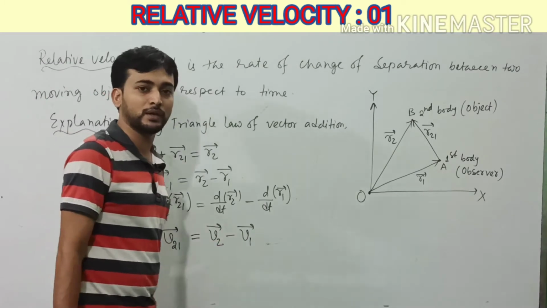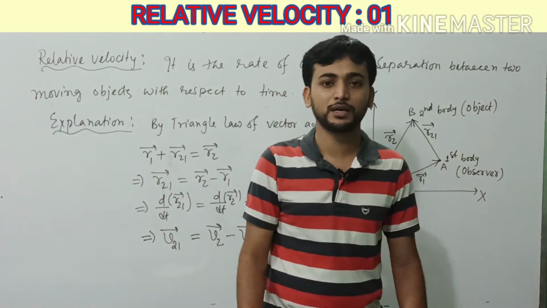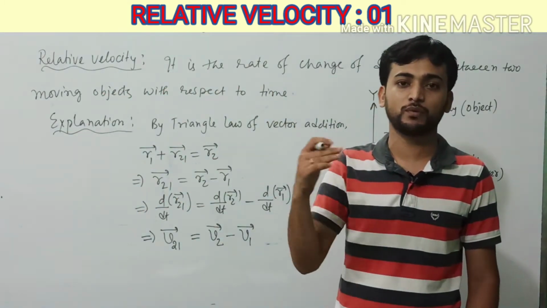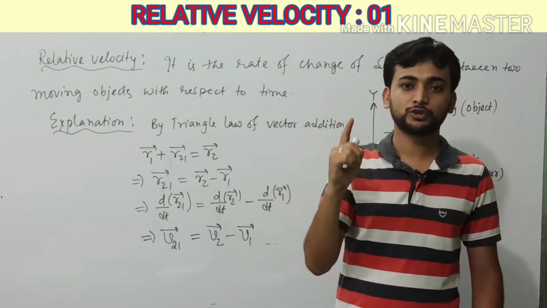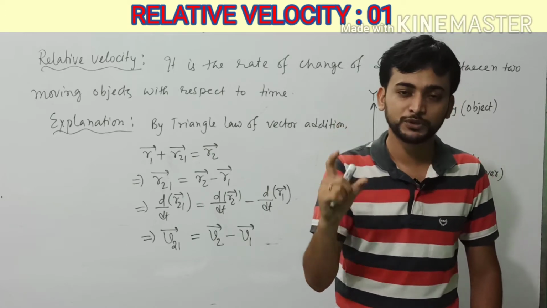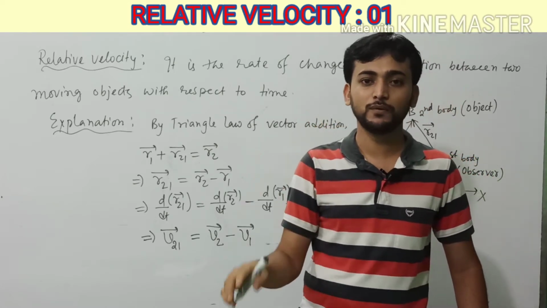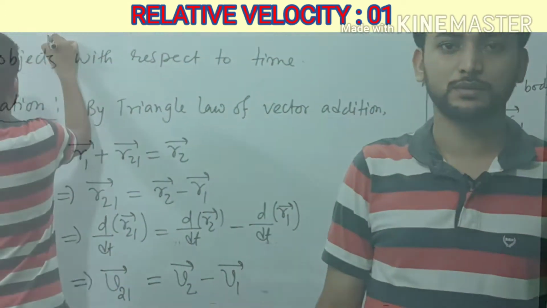So you remember one thing, whenever you are going to find the relative velocity of any object with respect to a moving observer, what we need to do? You have to subtract the actual velocity of observer from the actual velocity of object.